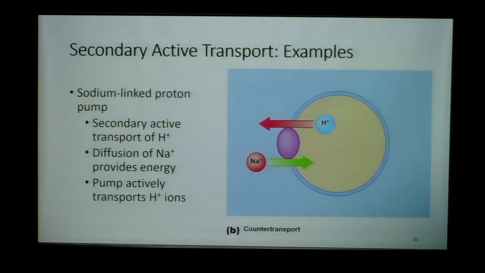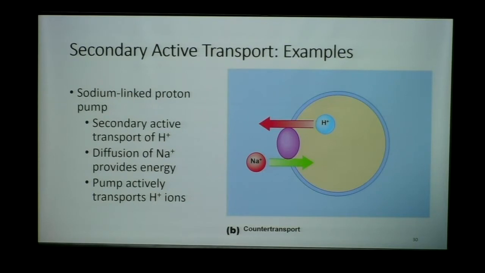Okay. Another example here is the sodium-linked proton pump. Okay. And so again, we're using the natural gradient that sodium has. Sodium is moving down its gradient. We're freeing up some energy, and that energy is being used to drive protons or to drive hydrogen against its concentration gradient, which happens to be out of the cell. Okay?